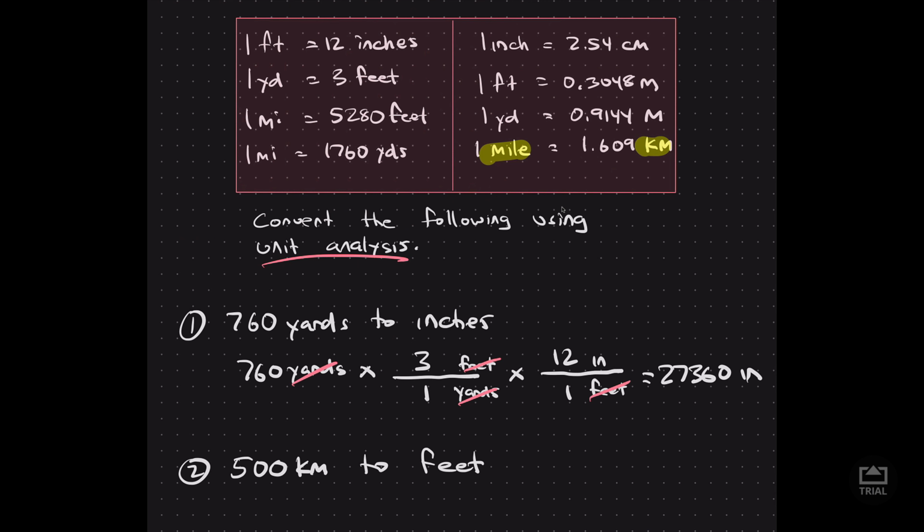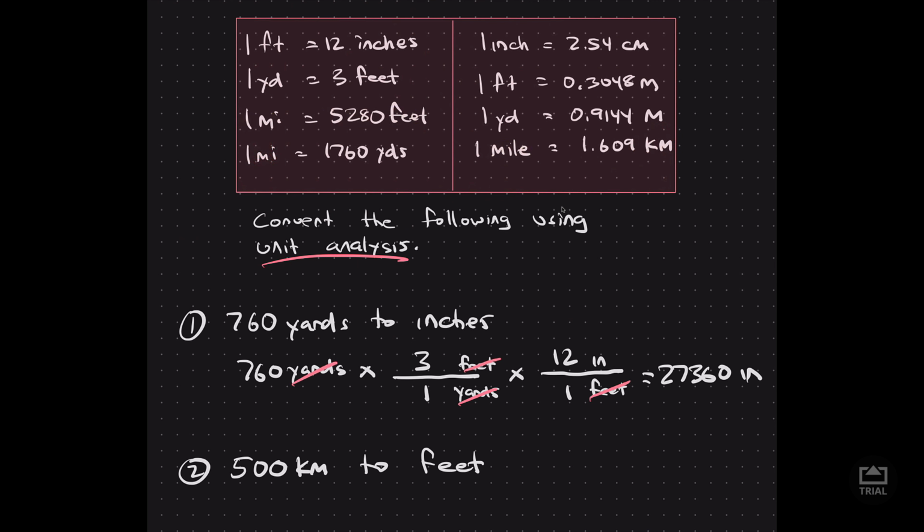So now feet and miles are both in the imperial system. So I'll come back to this side, and I can see that if I know miles, I can get to feet right there. So I'm going to go from kilometers to miles, then miles to feet. So kilometers first, to miles second, and miles to feet finally.